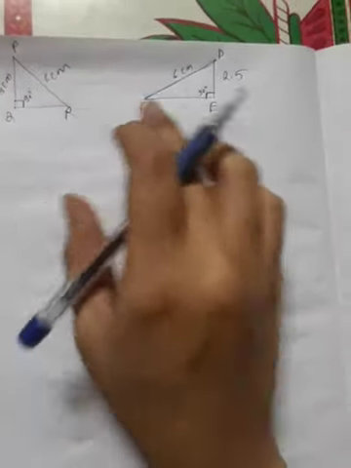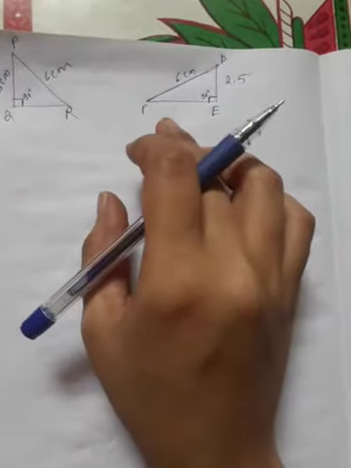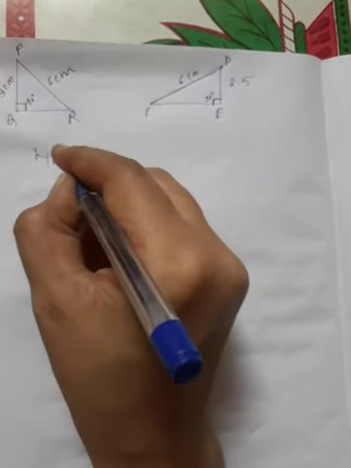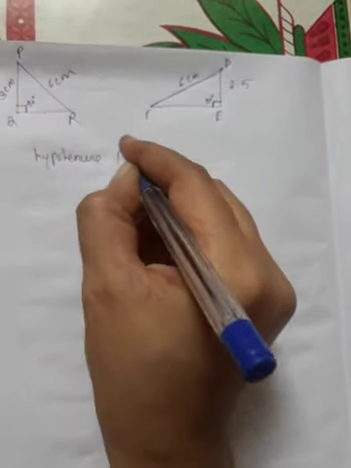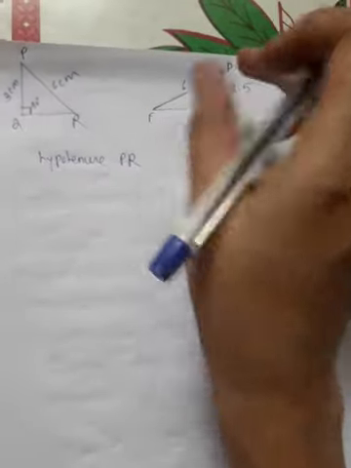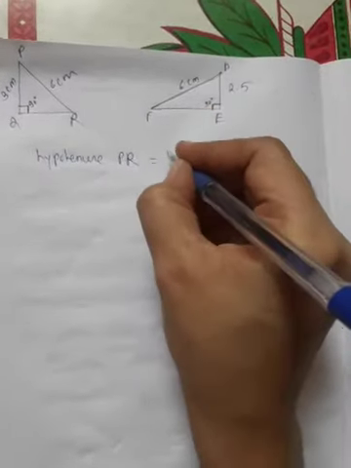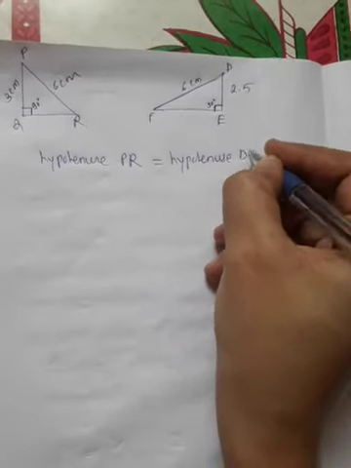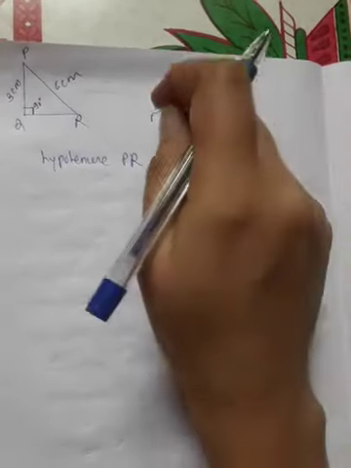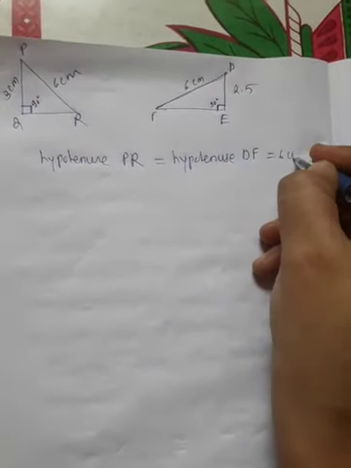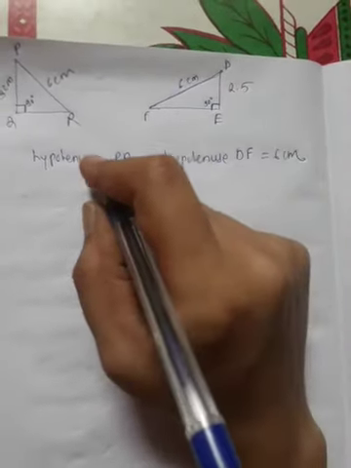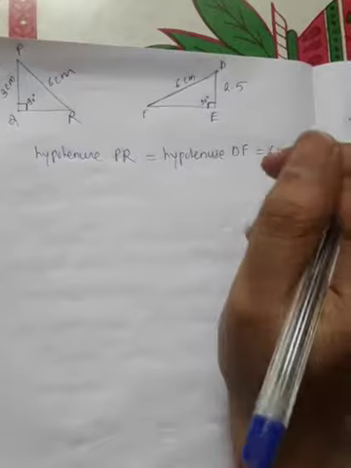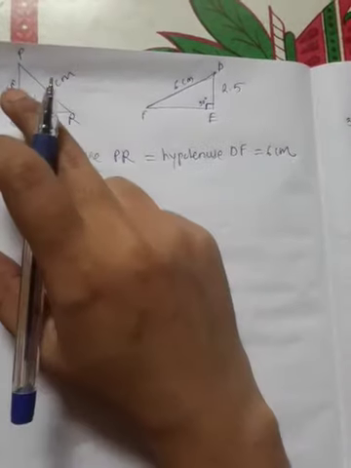Now observe these two right angle triangles. Here hypotenuse PR and here is hypotenuse DF. So you observe that hypotenuse PR and hypotenuse DF are equal, 6 centimeter. Okay, so here first condition is satisfied, hypotenuse are equal. Now check whether one side is equal or not.